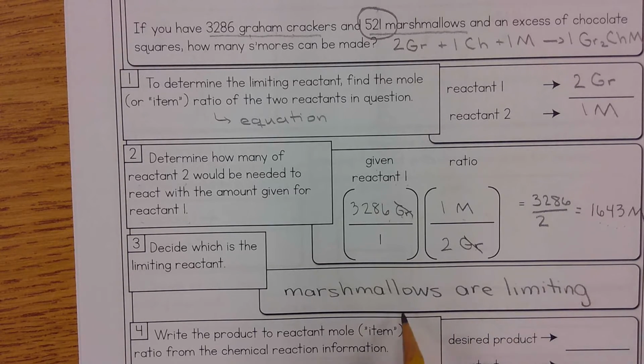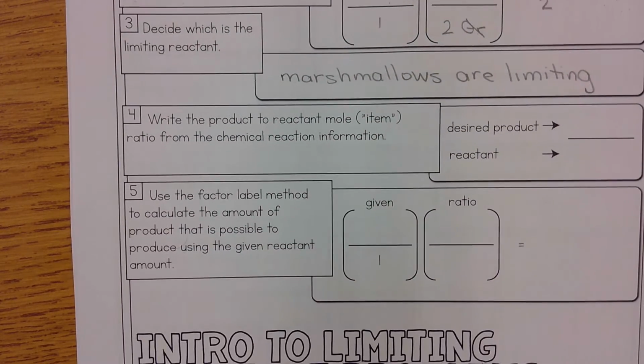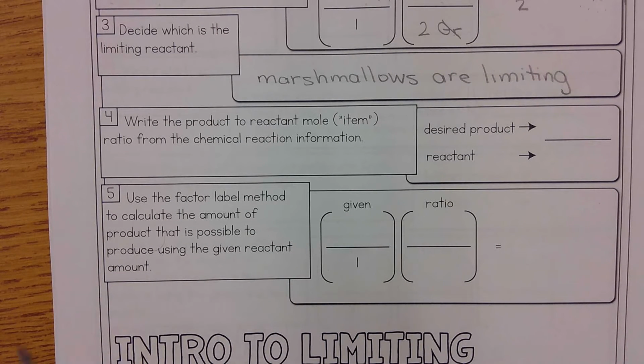Marshmallows are limiting; I will run out of them first. That's the first thing I had to figure out: which one am I going to run out of first? It turns out it's the marshmallows. Then I will use the marshmallows to figure out how many s'mores I can make, because I'll run out of them first and that's when I'll have to stop.